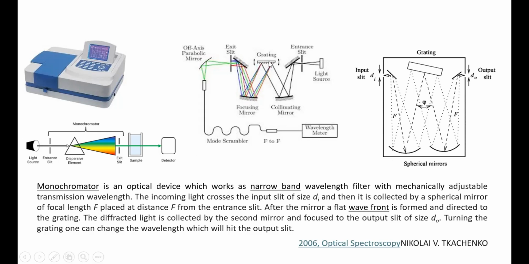So here is the grating, the surface of the grating, and the collected light is going to be diffracted, and that light is thrown on mirror number 2, the spherical mirror number 2. This is going to collect that light and direct it to the collecting mirror. So that is how the monochromator is going to work, right?